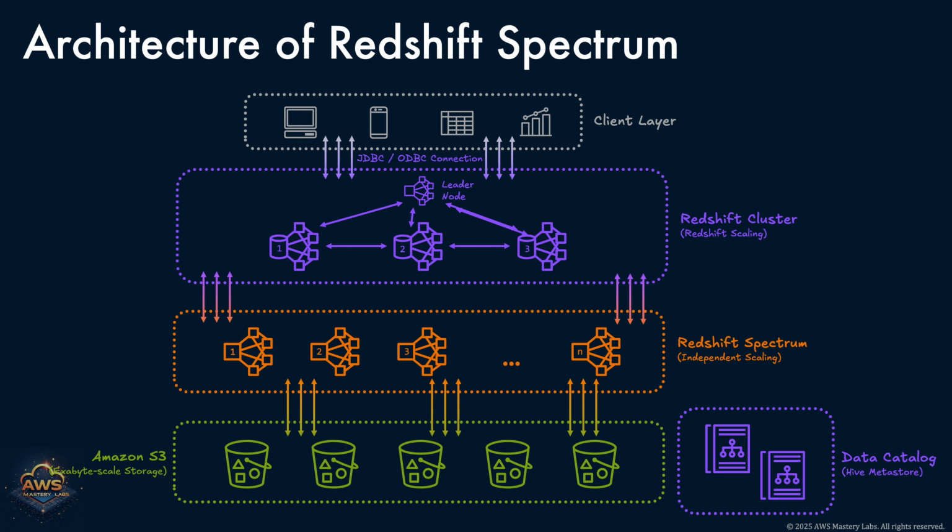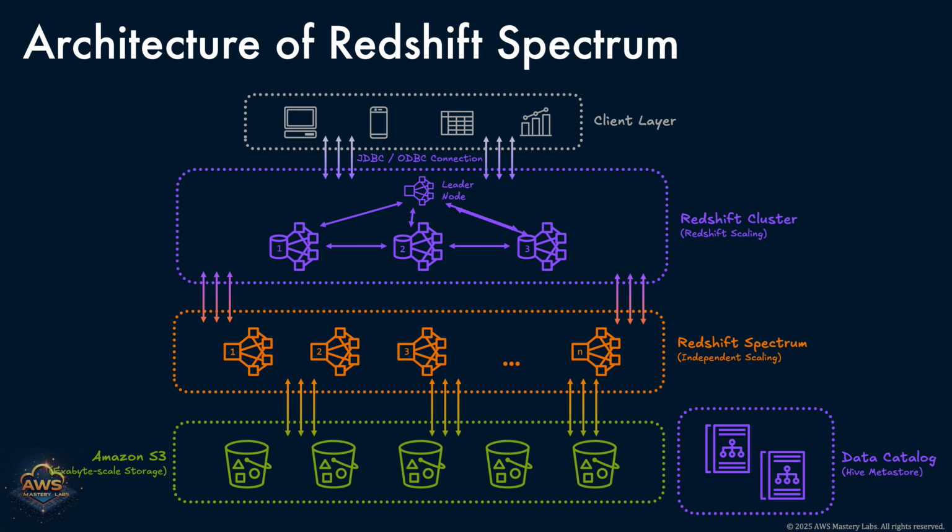When a query references external tables, data stored in S3, Redshift Spectrum spins up multiple worker nodes to process the data in parallel. This layer operates independently from the Redshift cluster, allowing for flexible and scalable compute resources specifically for external data processing. At the storage layer, Amazon S3 provides exabyte-scale durable object storage for raw and processed data.